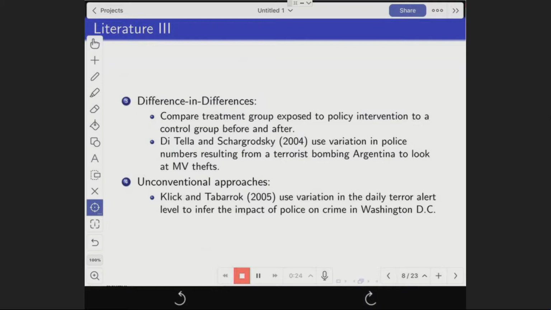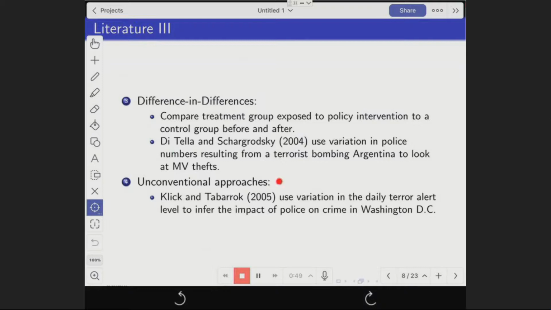Their treatment group is religious sites in Argentina. What happened, I think it was in the early 2000s, is a mosque got bombed in Argentina, and after the bombing, they increased police numbers around religious sites. So that's their treatment group. Their control group is non-religious sites, and then they compare before the bombing with after the bombing. And they find a deterrent effect on motor vehicle theft.